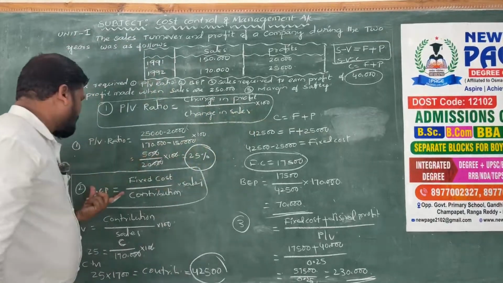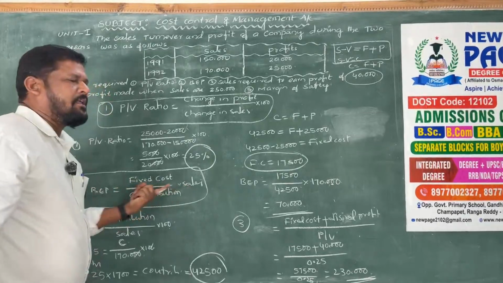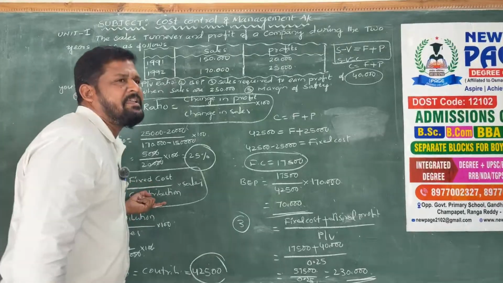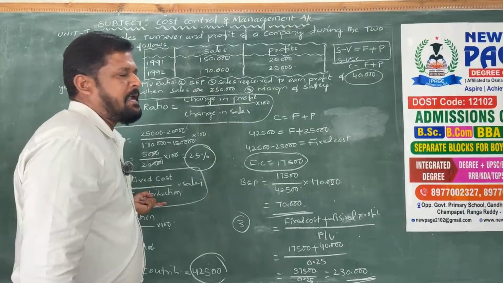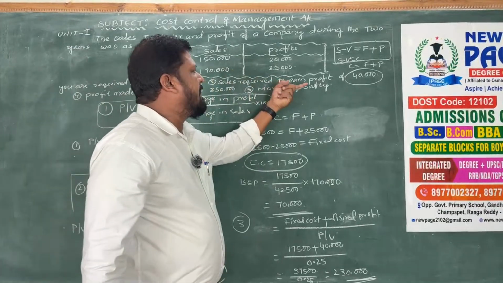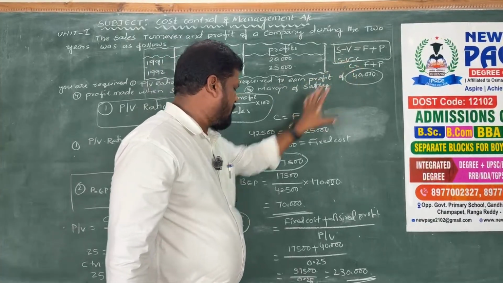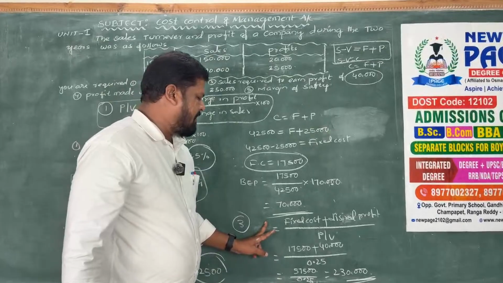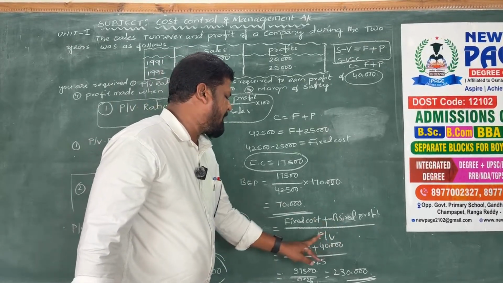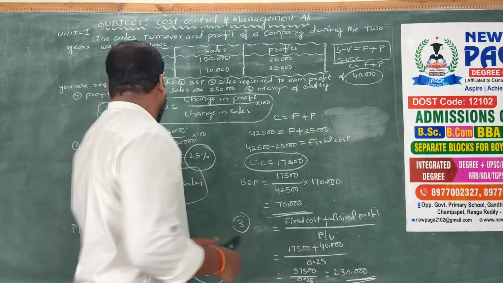Next, BEP is equal to fixed cost by contribution into sales. Another formula, BEP is equal to fixed cost by PV ratio. Next, sales required to earn a profit of 40,000: in these situations we use this formula. Sales requirement is equal to fixed cost plus desired profit divided by PV ratio. Right?